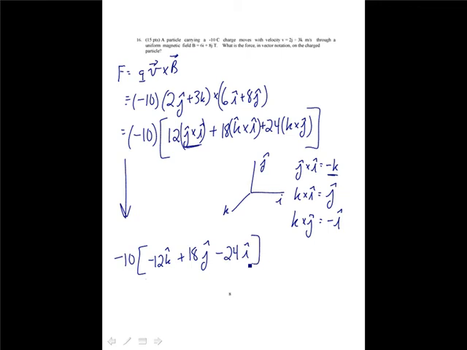Then we just multiply by negative 10. And I'm going to reorganize in ijk. So I get 240i minus 180j plus 120k. And this is a force, so it's all in newtons. 240i minus 180j plus 120k. And that's the answer.